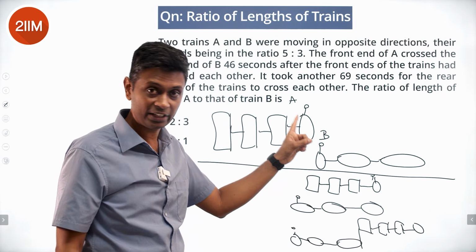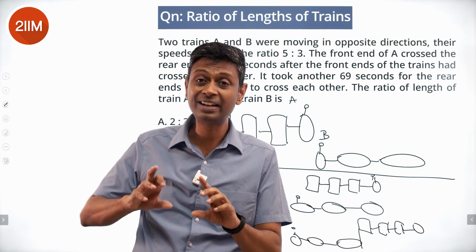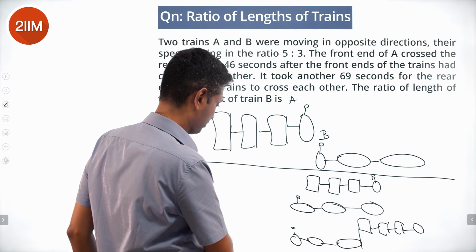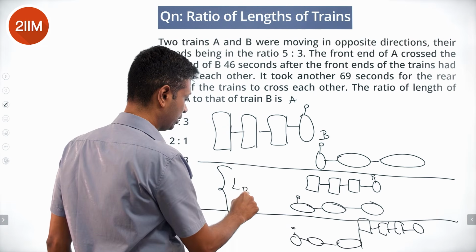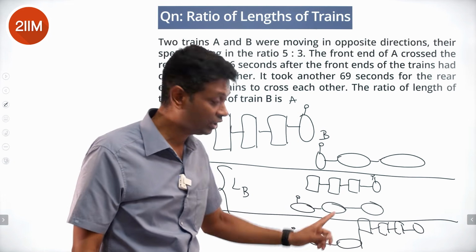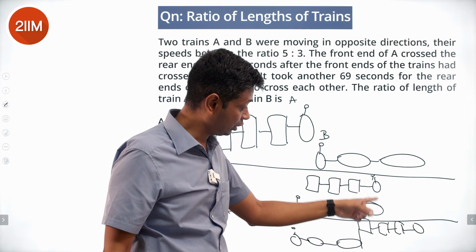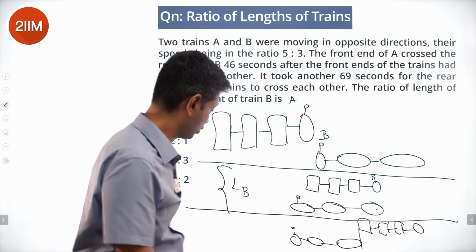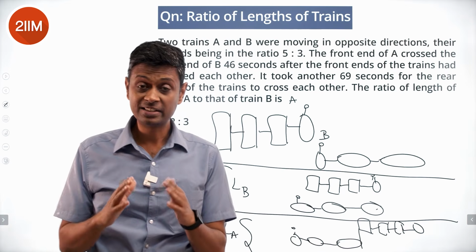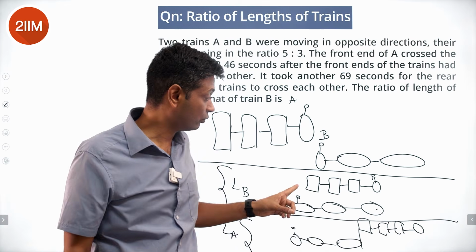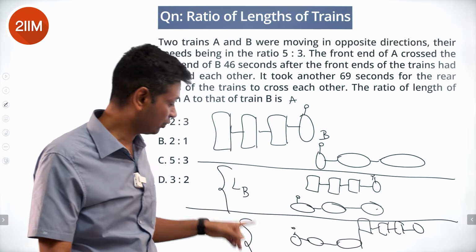The first phase, the relative distance covered is the length of train B. In the second phase, from the rear end going completely there, the relative distance covered is the length of train A.